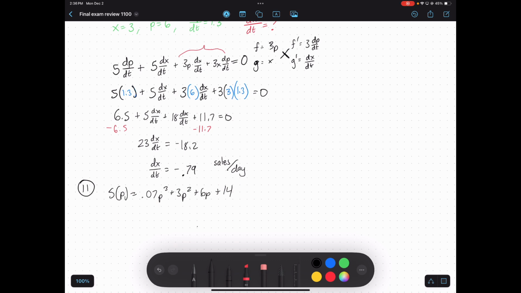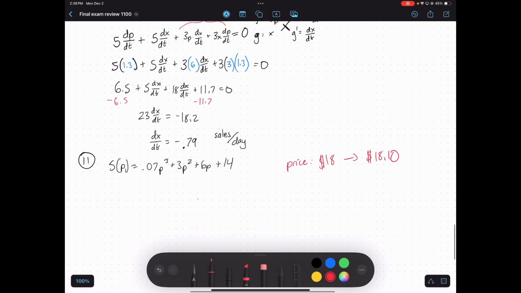Use the derivative to estimate the change in supply when P changes from $18 to $18.10. I'm going to use the derivative to estimate how that will affect my supply.